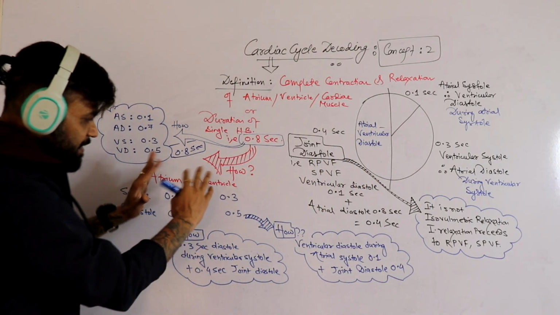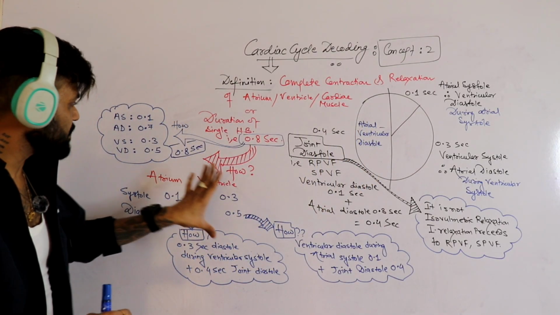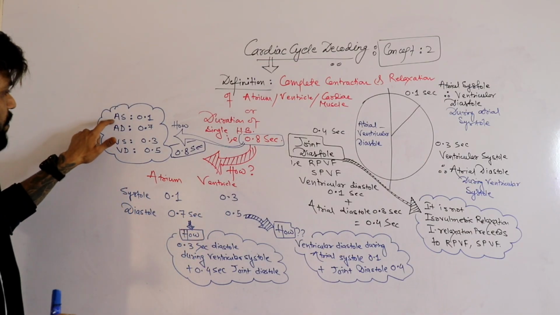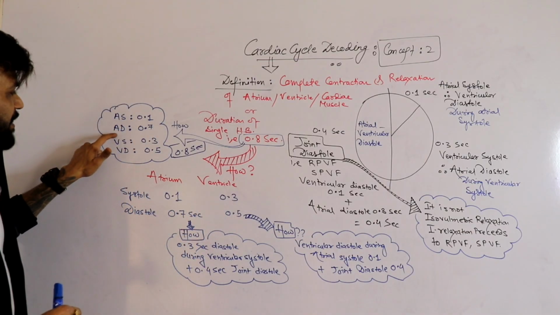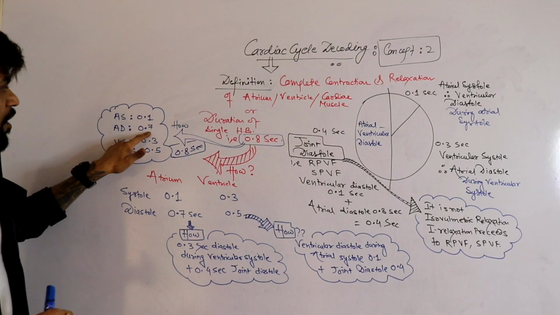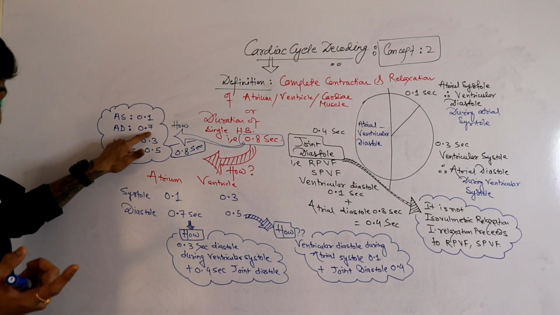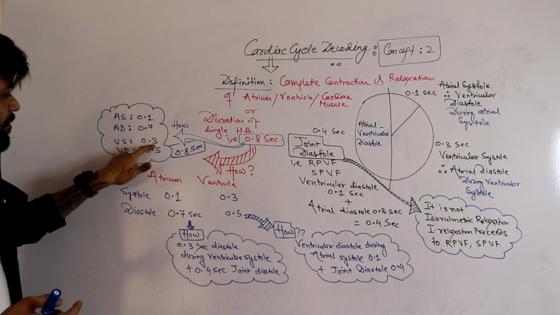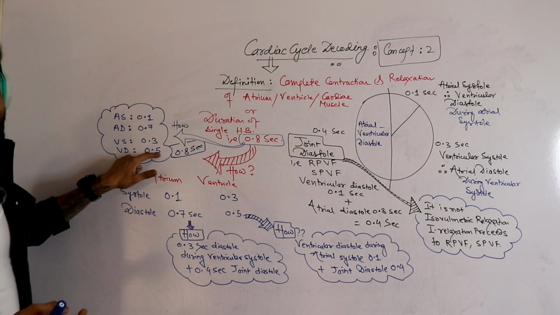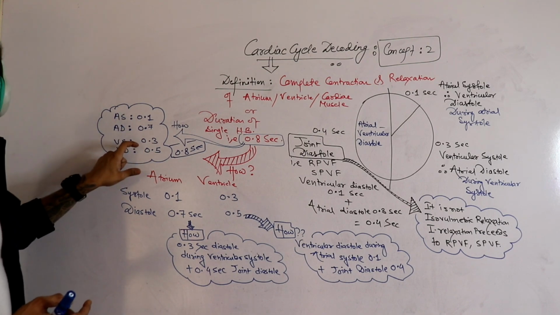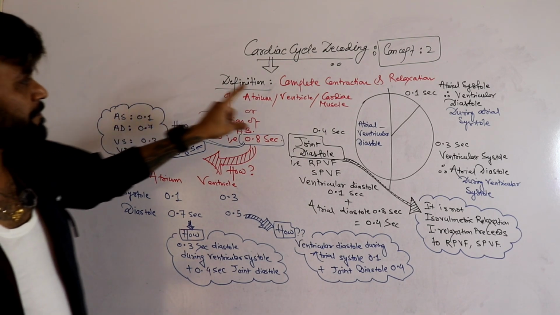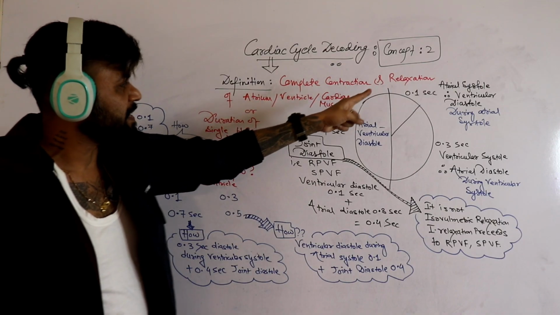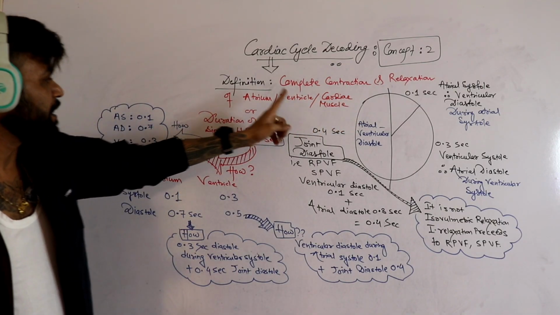Now, if you go for the summation of this, atrial systole is 0.1, atrial diastole is 0.7. That gives you how many seconds? 0.8 seconds. And also ventricular systole is 0.3 seconds, ventricular diastole is 0.5 seconds. That is also giving you 0.8 seconds. So now you come to the definition: complete contraction and relaxation of both the atrium and the ventricle.